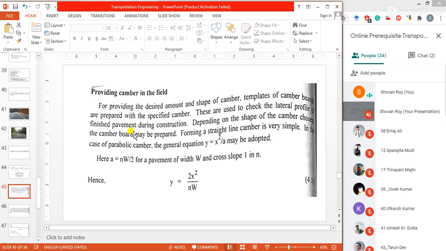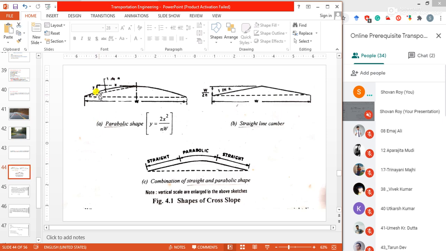For the parabola case, there is one formula, or equation, that is y equals x square by a. Okay, y equals x square by a. If you see the figure, W is again the width of the pavement or roadway.